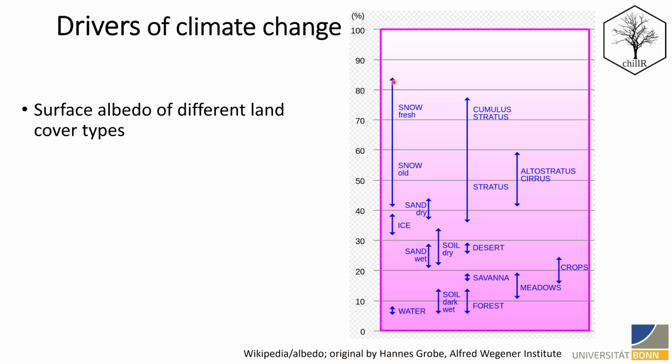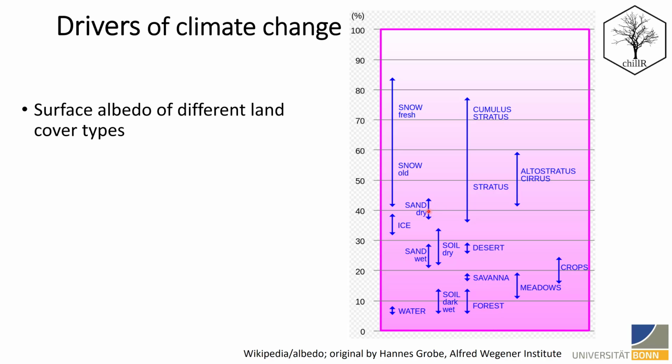I've already mentioned fresh snow here, kind of the whitest thing that we find on the planet, and these cumulus clouds can also be nice and white, so they will reflect most of the radiation that's coming in. Old snow will reflect quite a bit less already. Certain types of clouds also are a bit less reflective, and then we get into dry sand here.